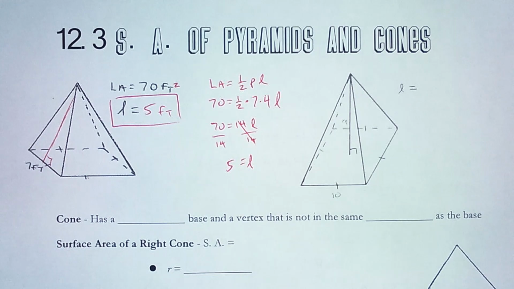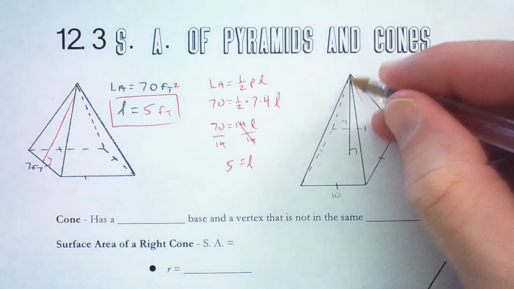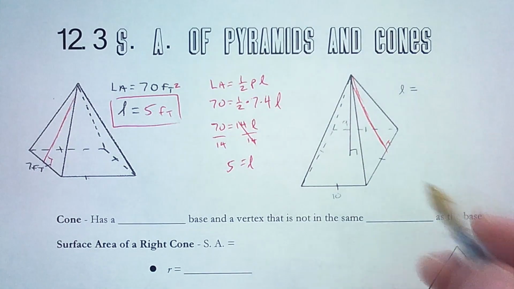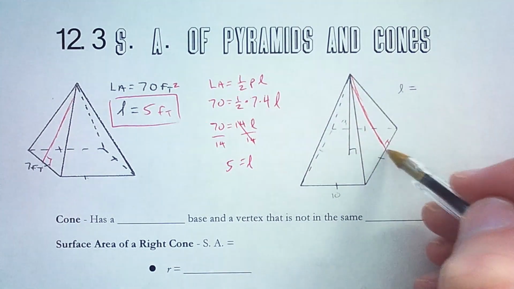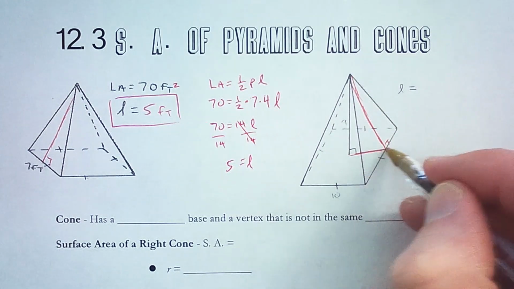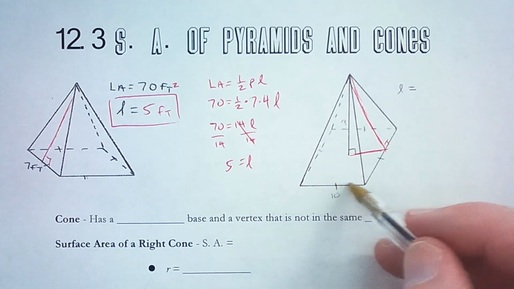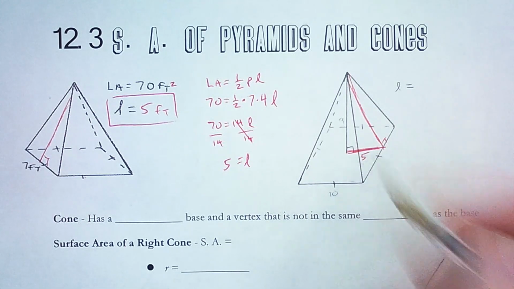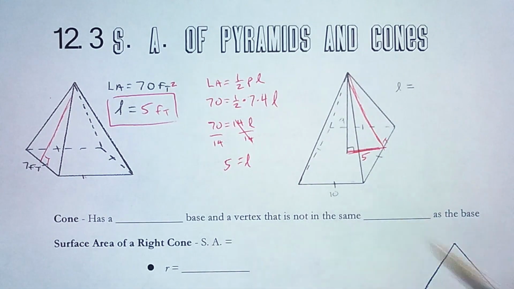And here's one more example where we want to find the slant height. I'll draw in a slant height right here. What I'm going to do is actually make a right triangle out of this. Now if this side is 10, then this right here is 5, halfway across this square.